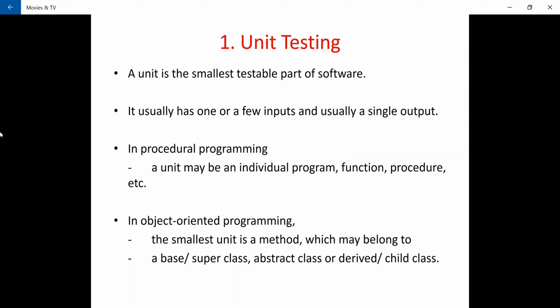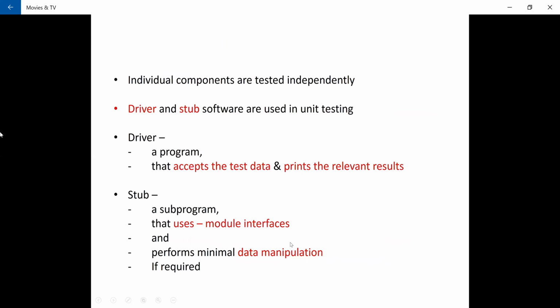In object oriented programming, the smallest unit is the method, which may belong to a base class, superclass, abstract class, derived class, or child class. All the testing of the classes means unit testing.